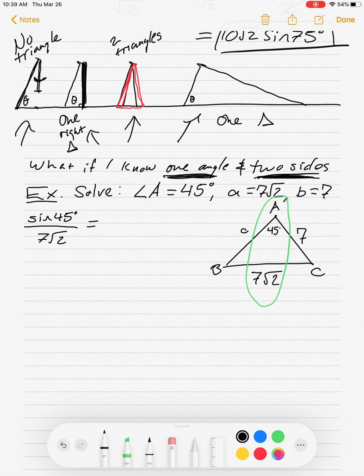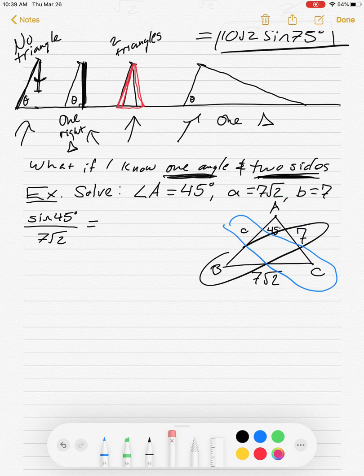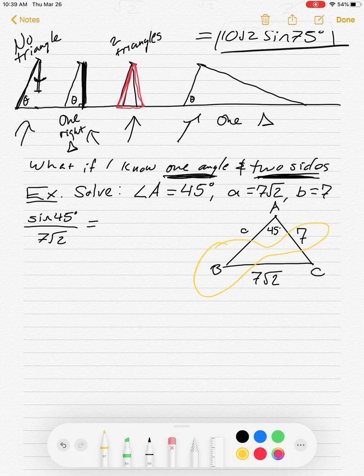And then I can choose. Well, I could use this pair or this pair. So I would start with the one where I actually have some information. So I would actually start with this pair because I know the side B at least is 7.